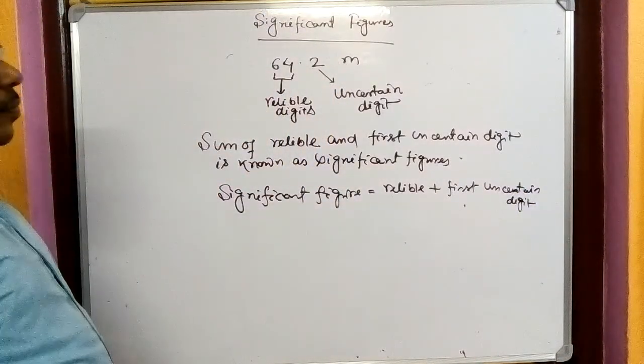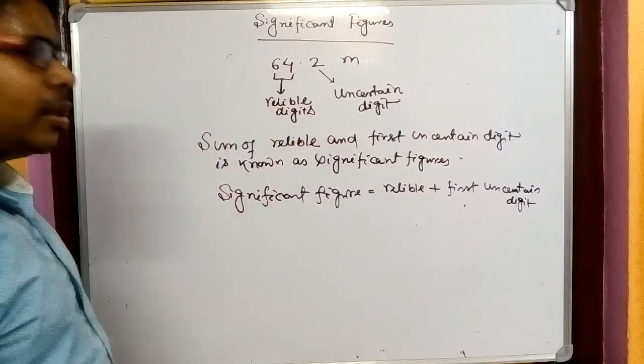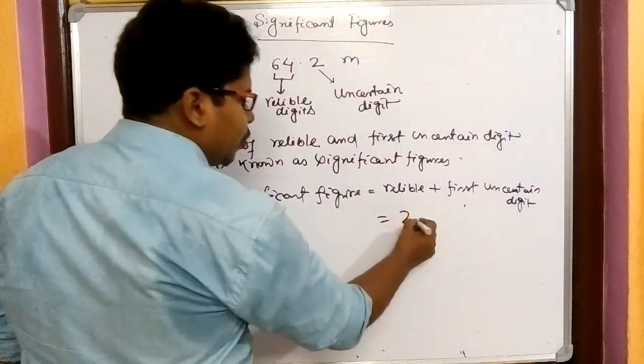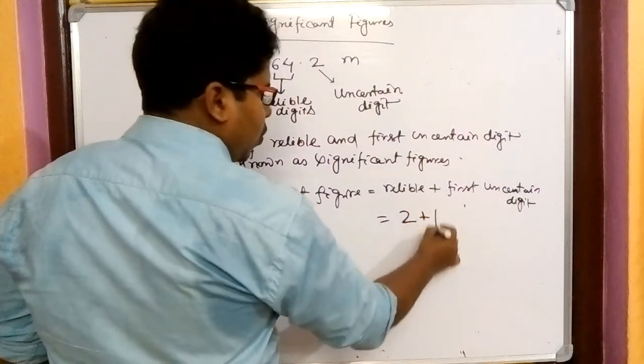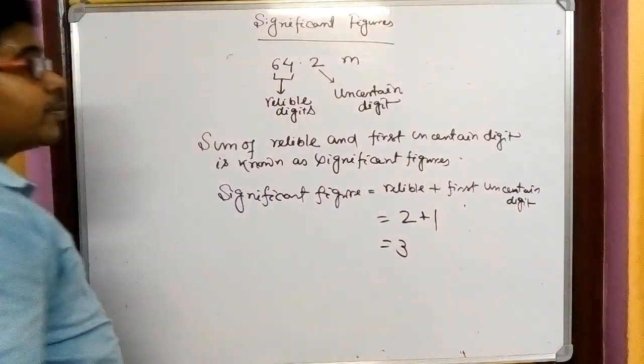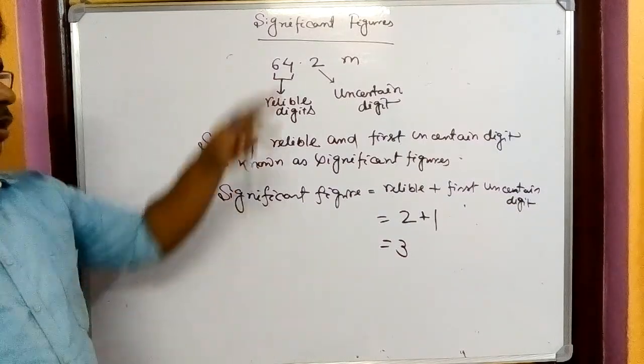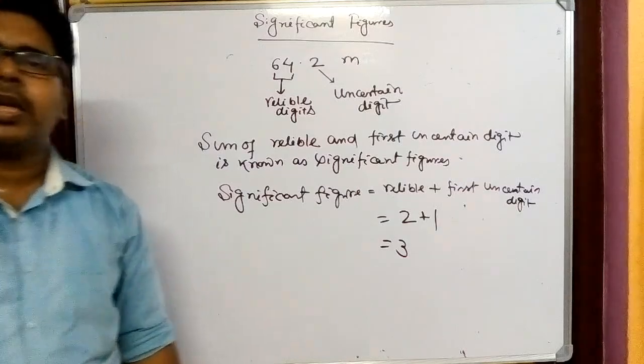So here you see, if I want to find the significant figures in this number, here reliable is 2, first uncertain is 1. Number of digits if I count, so here the number of significant figures is 3. Here the significant figures are 3.